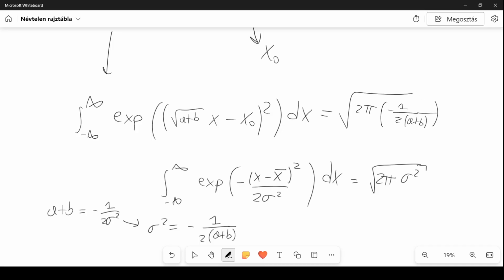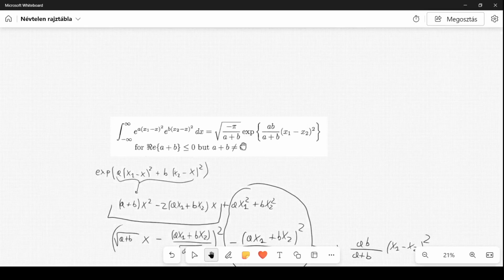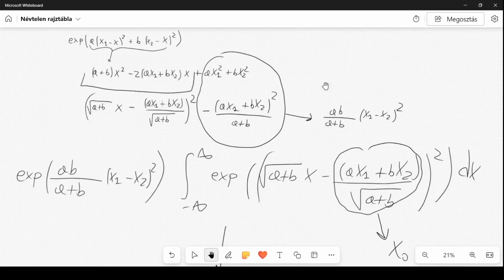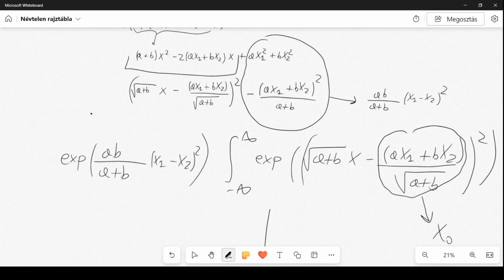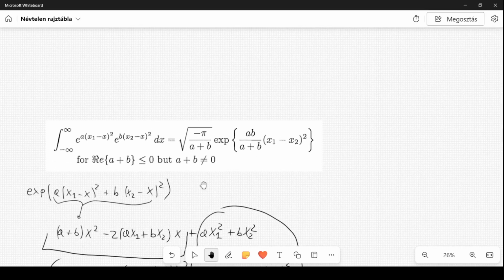So we can simplify this factor of 2, and we finally get that this is equal to the square root of minus pi divided by A plus B, which is exactly this term here. And remember that we have to multiply by this that we have already found while doing these algebraic manipulations. You get this multiplicative term that arises in the expressions, and that's basically it.